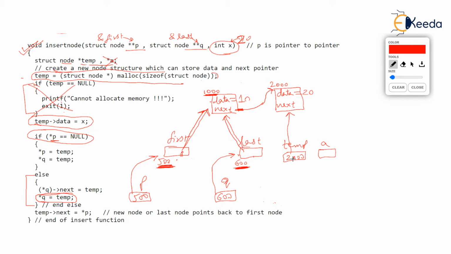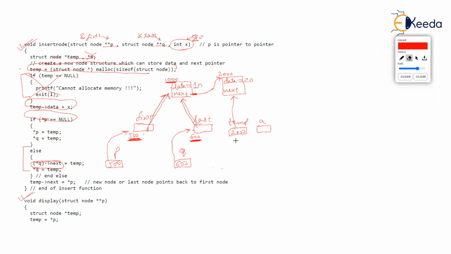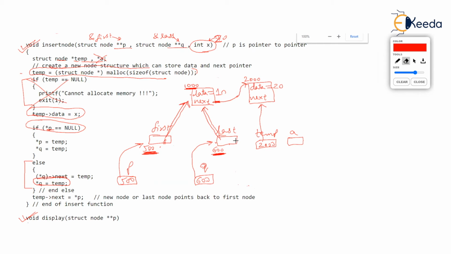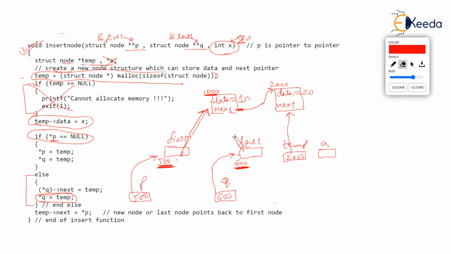So last will also point to new node. Last will not point to the existing node, but last points wherever temp points. So last points to the latest node, the new node. And that's it. We have finished with the else.